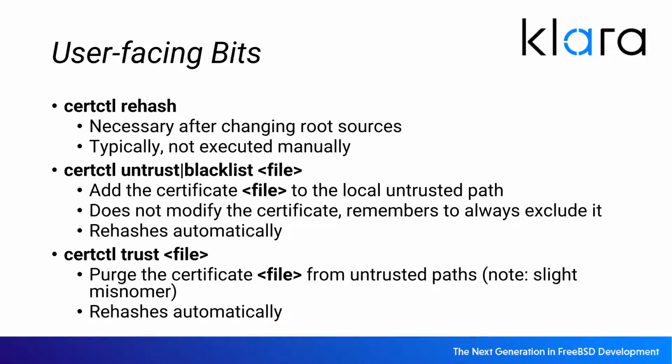If, for instance, Mozilla trusts a certain authority that you do not necessarily, then we provide the untrust command that will make it untrusted. As Allan was explaining, this is how we make sure that we don't put that certificate into the trusted store. So it's still included in the base bundle, but then you're saying you don't trust it. So then when we rehash, we consult all these untrusted paths.